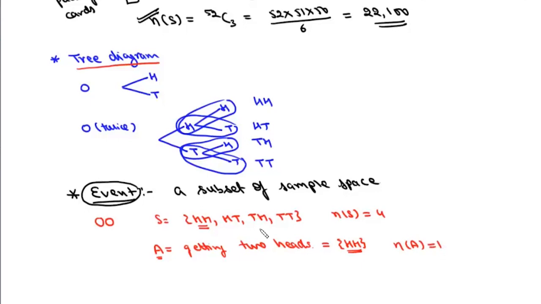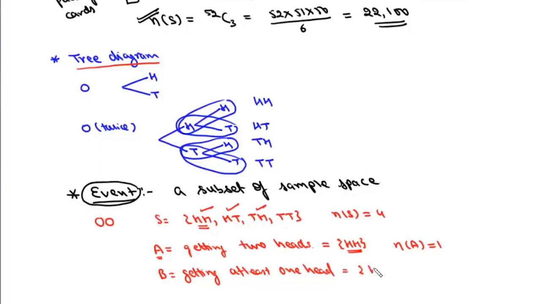And in the same experiment we can define another event, say event B, which is getting at least 1 head. Now for at least 1 head, we'll choose this, and this is also included in at least 1, and this is also included in at least 1.